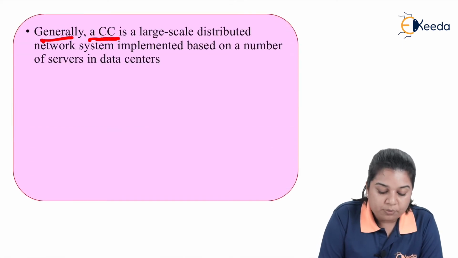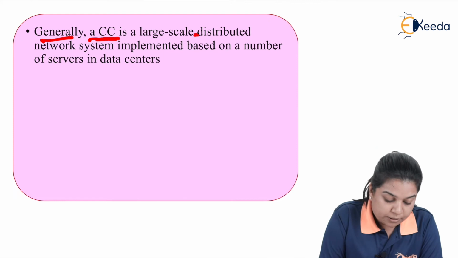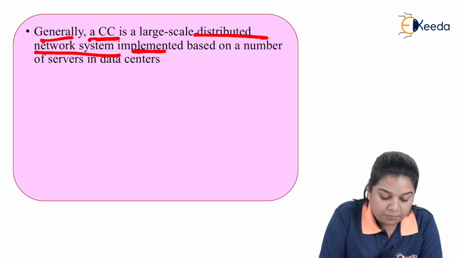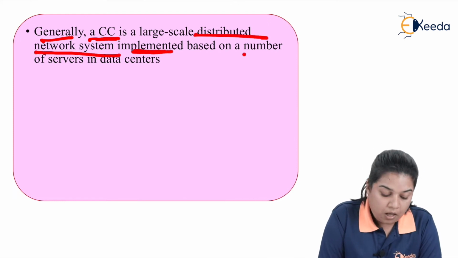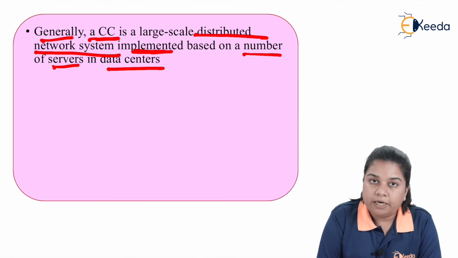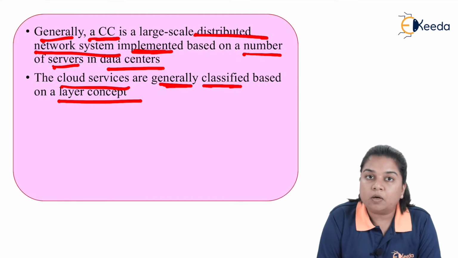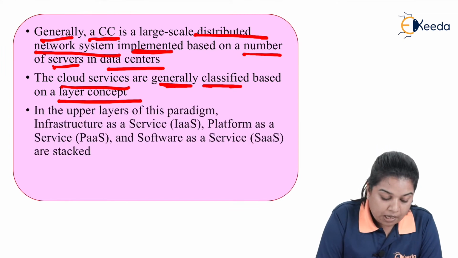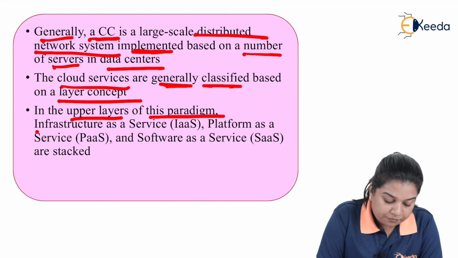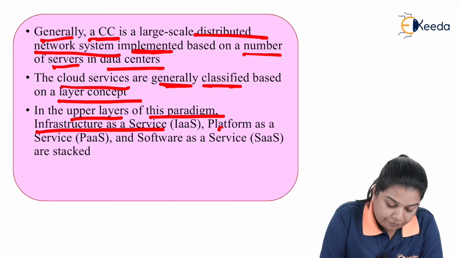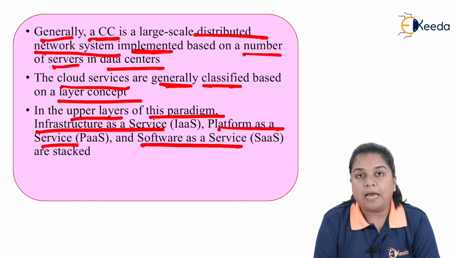Generally, a cloud computing system is a large scale distributed network system implemented based on a number of servers in data centers. The cloud services are generally classified based on a layer concept. In the upper layers of this paradigm, infrastructure as a service, platform as a service, and software as a service are stacked.